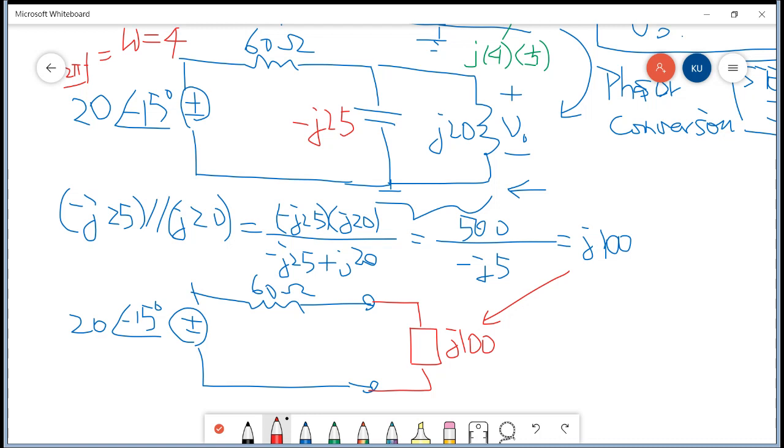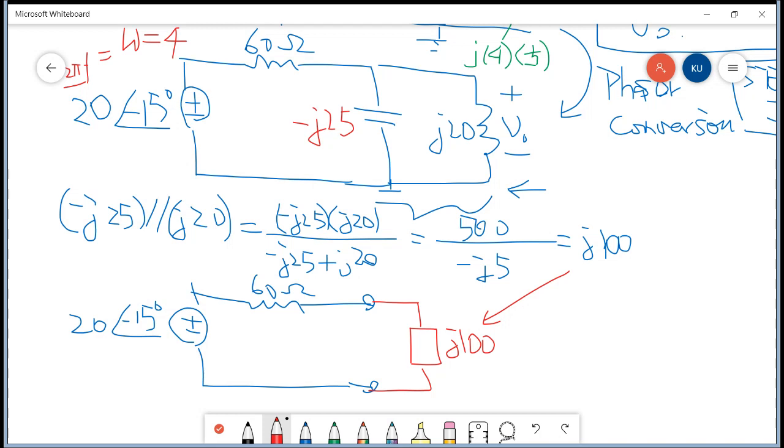It is not necessary to be purely real or purely imaginary, but at this time it is purely imaginary. But generally you can show a box to stand for that equivalent impedance.